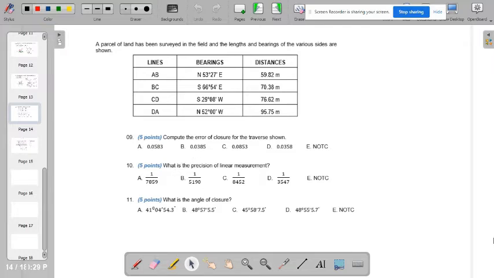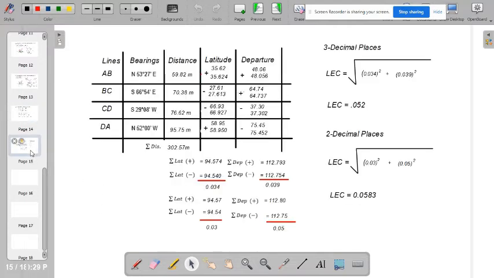This is what I am trying to show you. If you can get the answer in three decimal places, go to the other decimal places too, because you might get the correct one. If the problem specifies how many decimal places or significant figures you have to provide in your answers, then you can be confident in your answers.